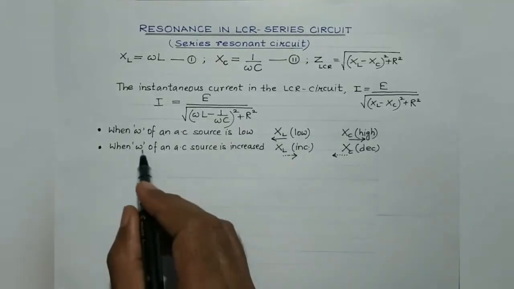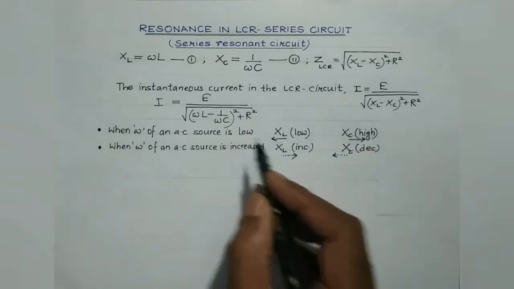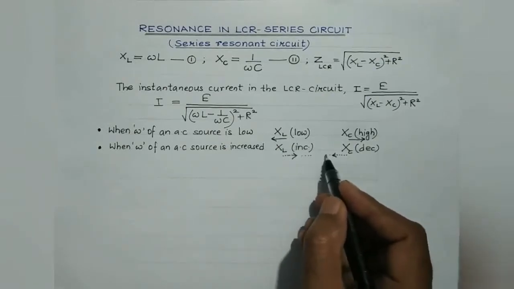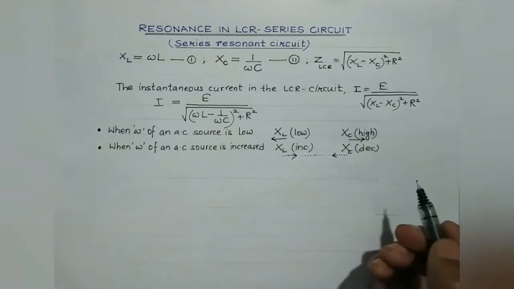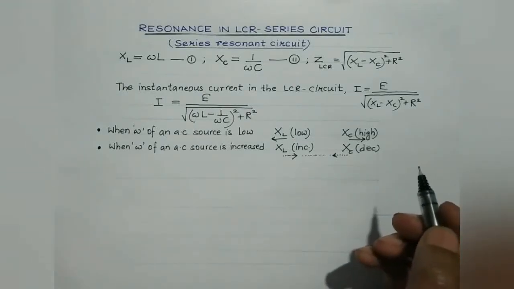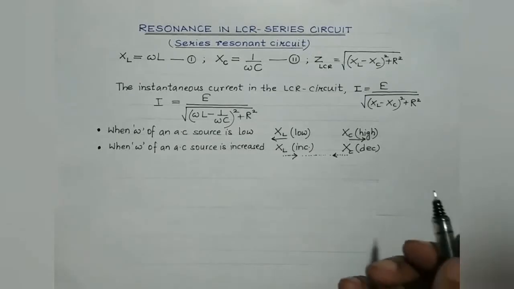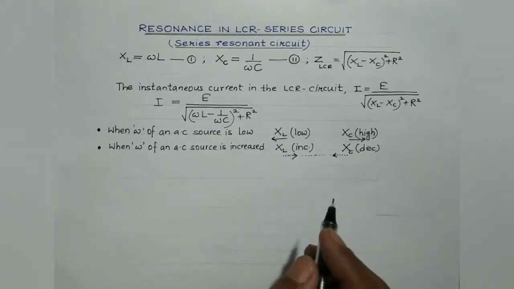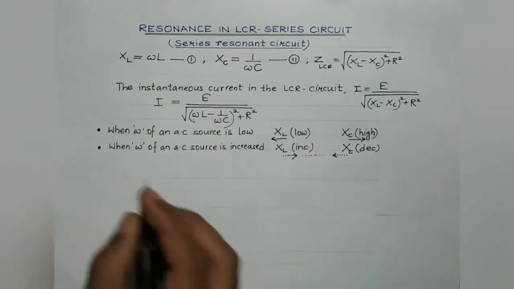So as the value of omega is increased gradually, a stage will come when these two values, XL and XC, will become equal. So at a particular value of angular frequency of the AC source, suppose we denote it by omega naught, the inductive reactance and the capacitive reactance will become just equal to each other.